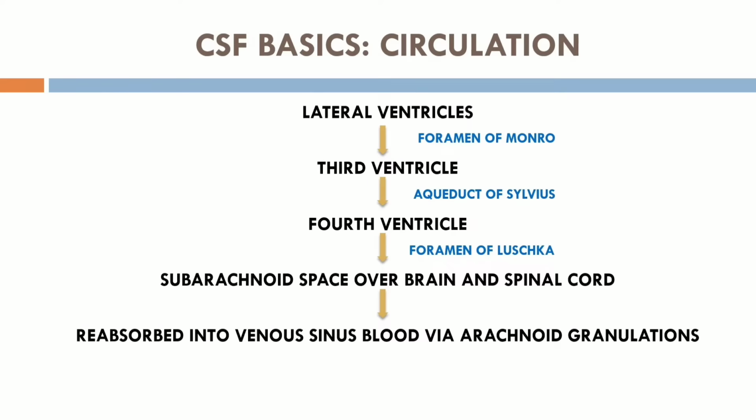Now, coming to the basics again, the circulation of the CSF. These are the two lateral ventricles. This is the third ventricle, and this is the fourth ventricle, the diamond-shaped fourth ventricle.